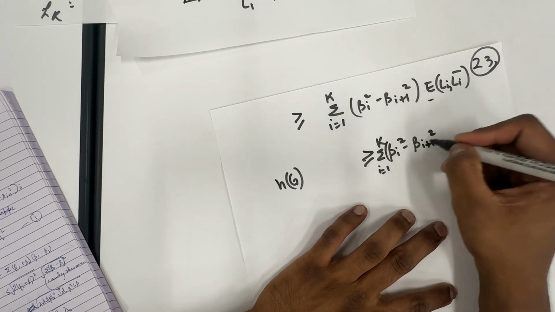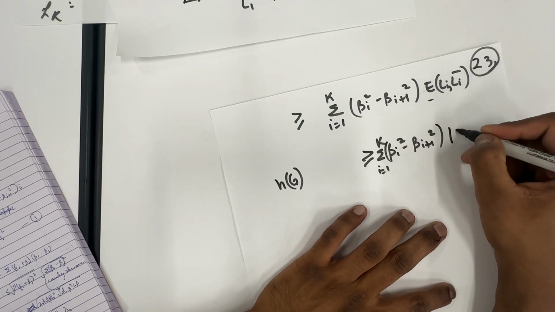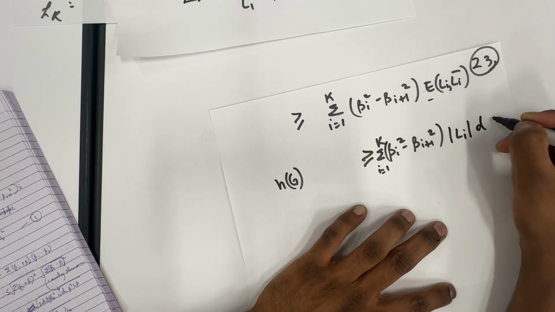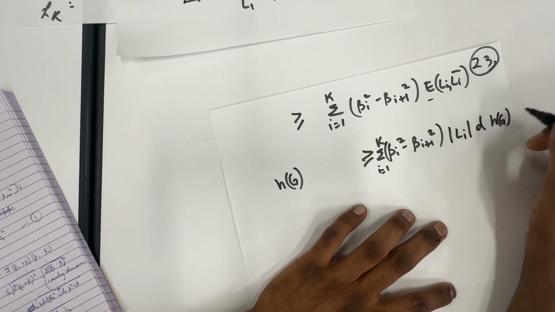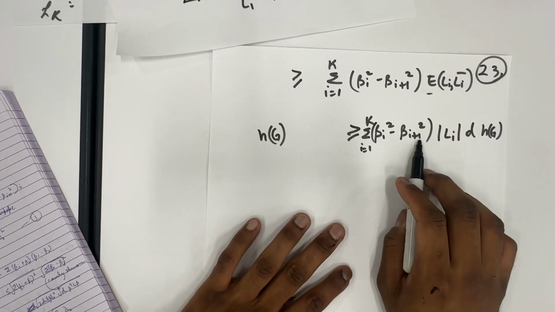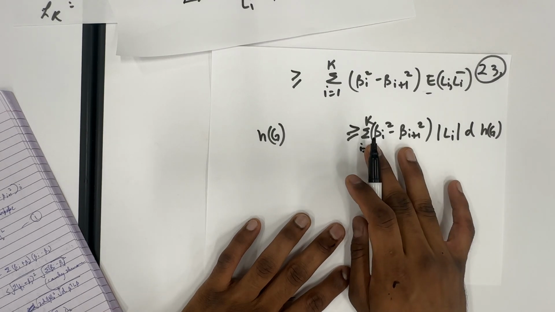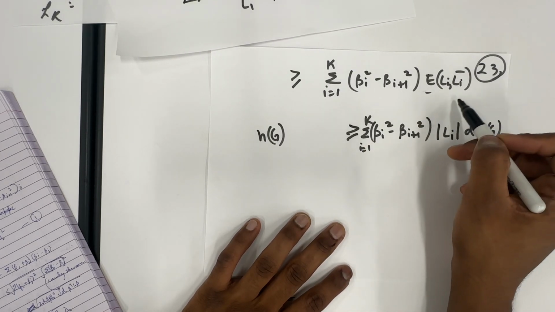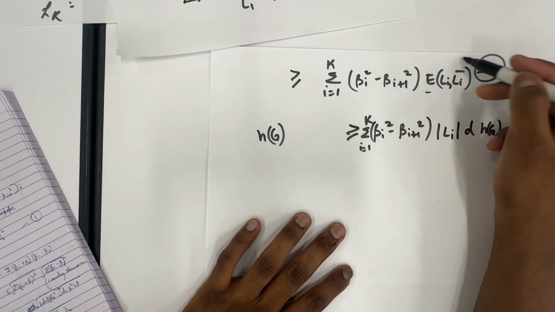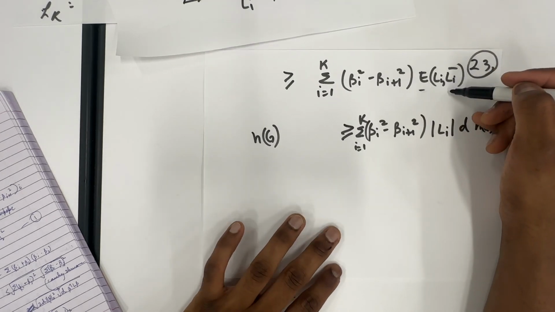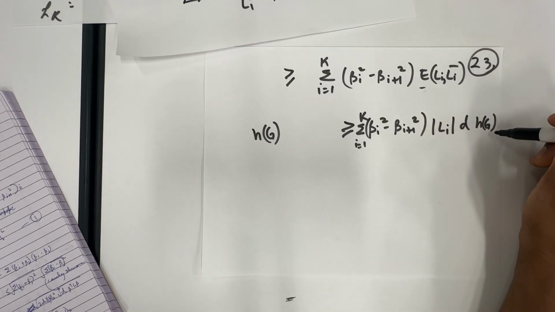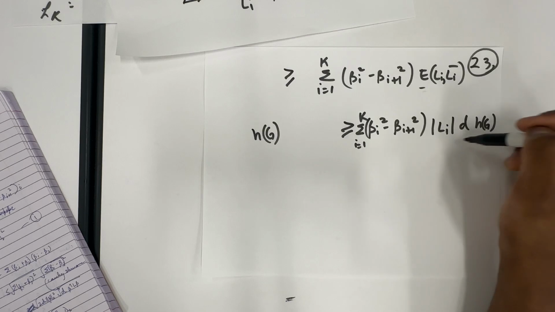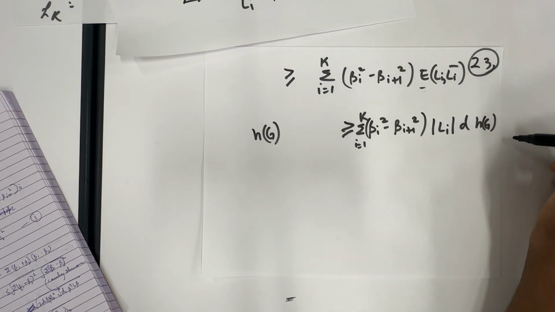So this is basically Li d h of G. If I multiply it by this quantity and divide by Li, this becomes the expansion of this particular Li, and that is always greater than the minimum such expansion. And this is trivial, this is easy to see.